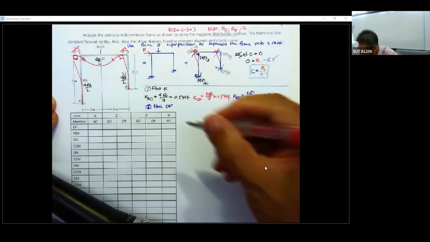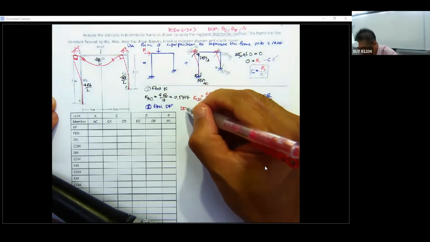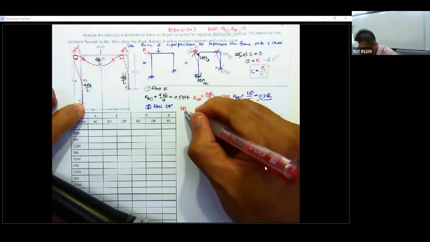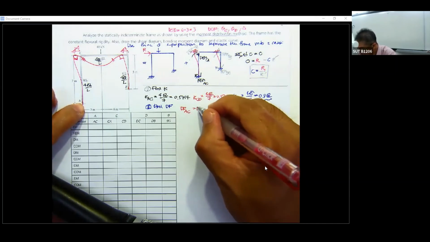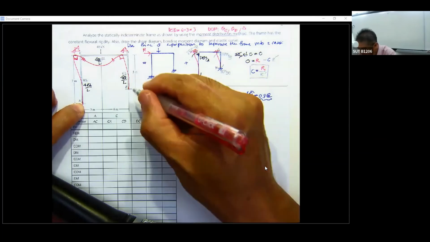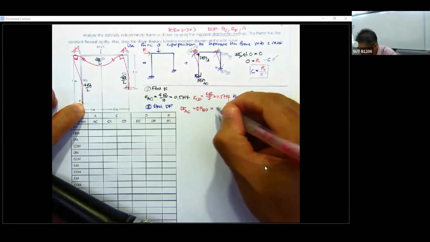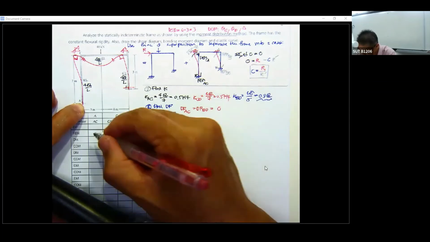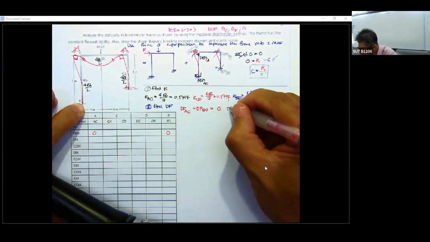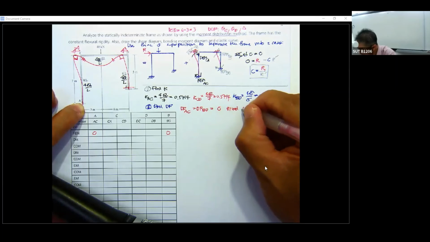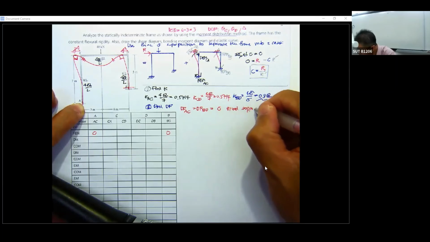And again, you just set the distribution factor for AC equal to the distribution factor for BD equal to 0, since it's going to be a fixed support. Just put it like this.